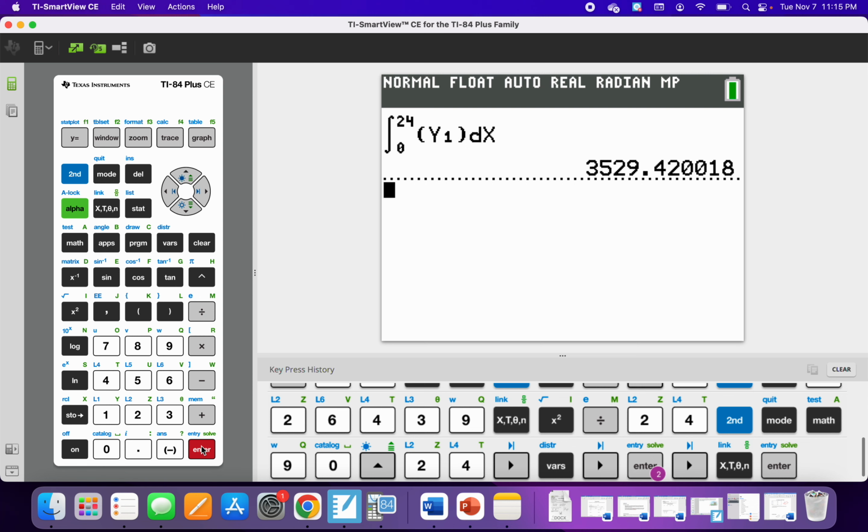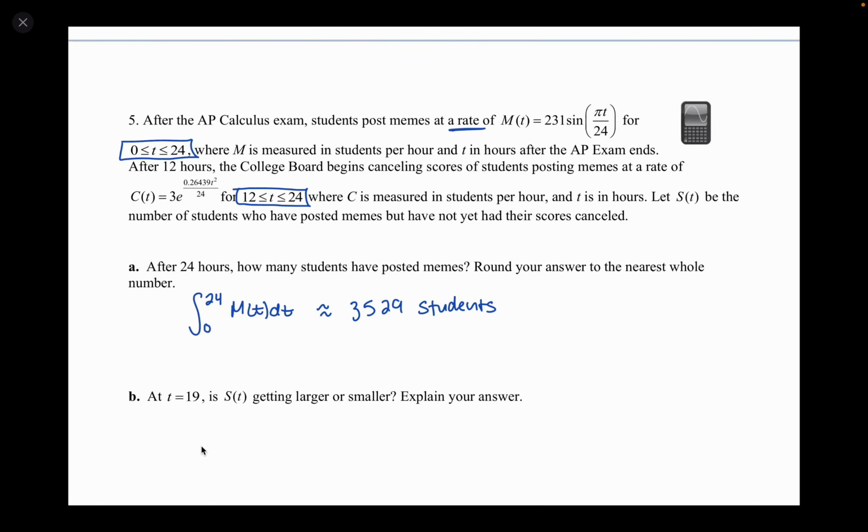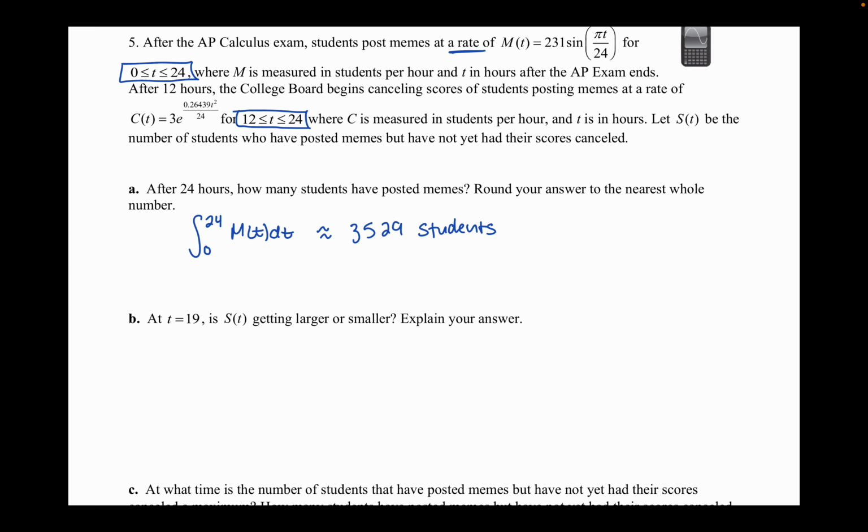And this is going to be about 3,529 students. So that's what I'm writing down for question A.